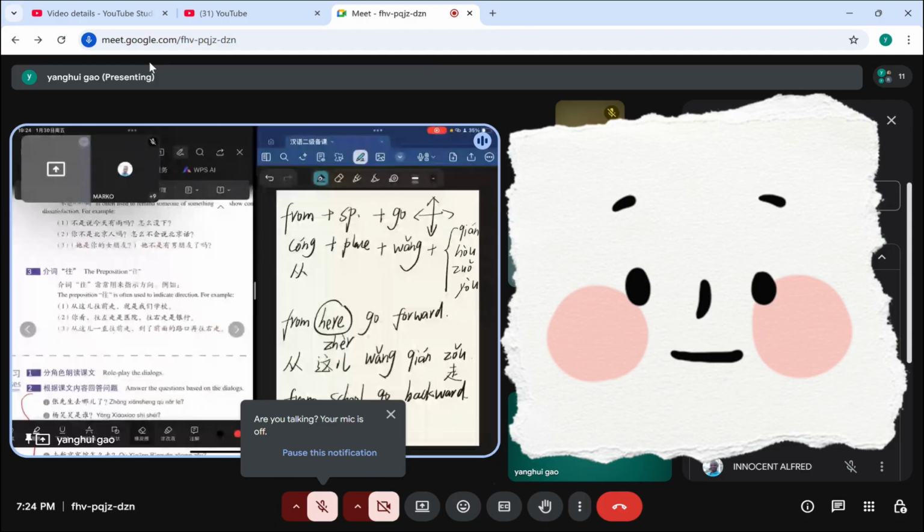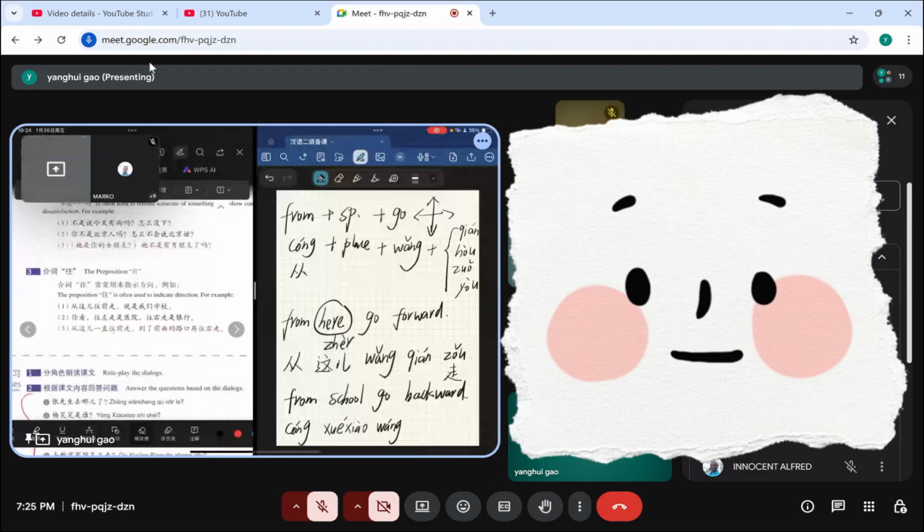And the direction is 往, go backward. Back is 后. Go backward, 往后走. 从学校往后走 is from school go backward.